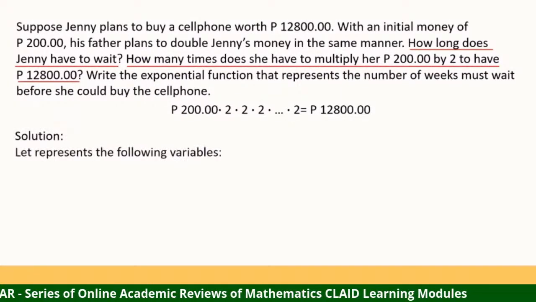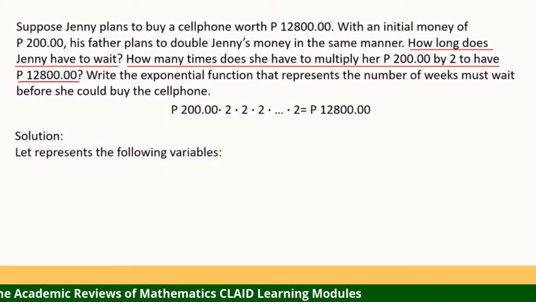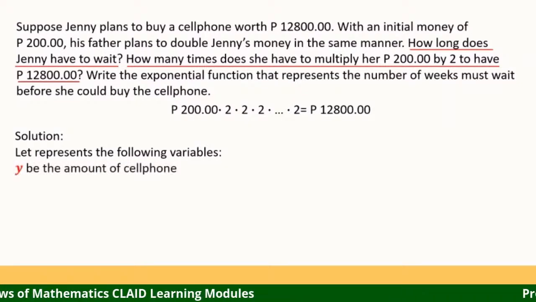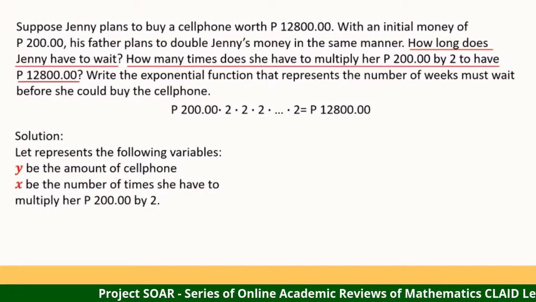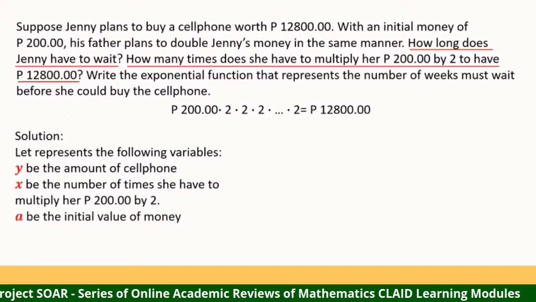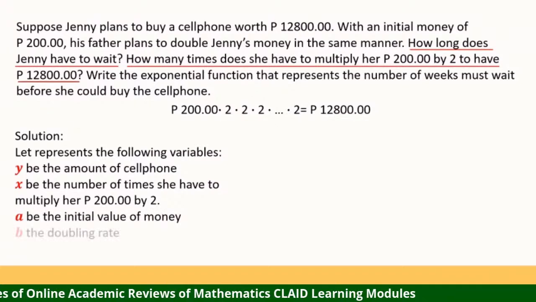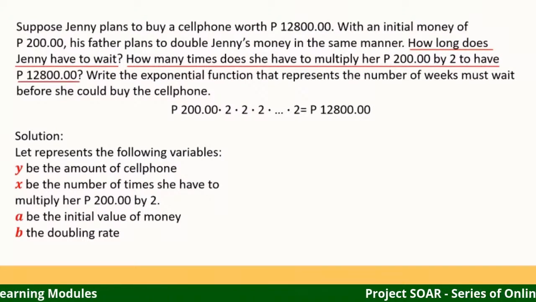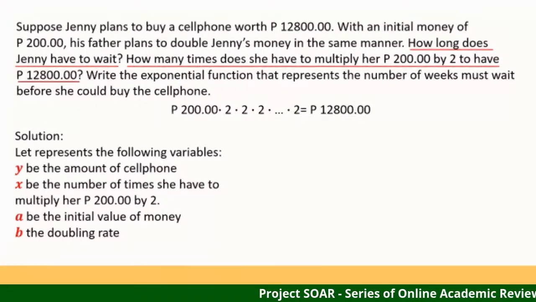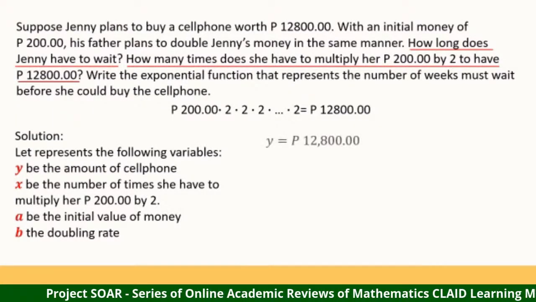Okay. So, we have to represent the following variables. First, y be the amount of the cell phone, x be the number of times she has to multiply her 200 pesos by 2, a be the initial value of money, and b the doubling rate. Okay. So, balik tayo dun sa mga variables na nirepresent natin. Y, how much amount of cell phone?